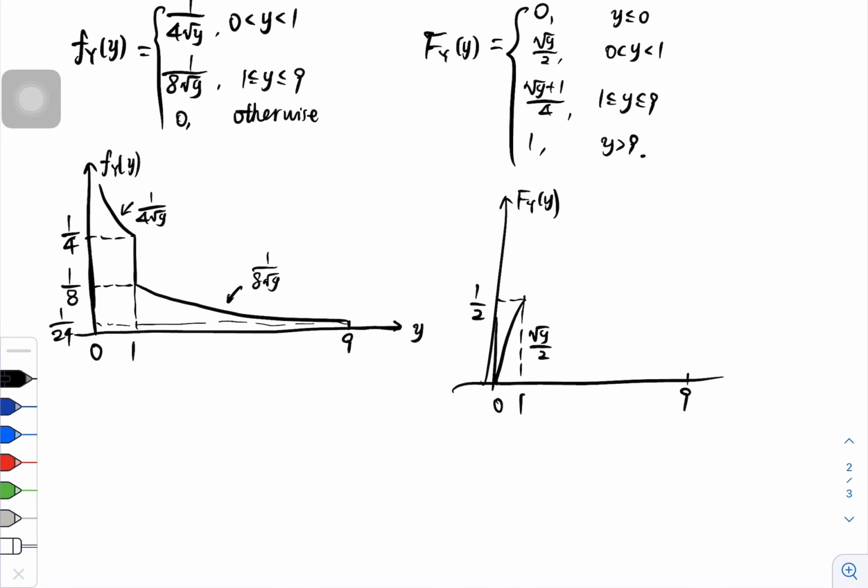For 1 to 9, it ends at 1. For y over 9, for y larger than 9, it is 1.